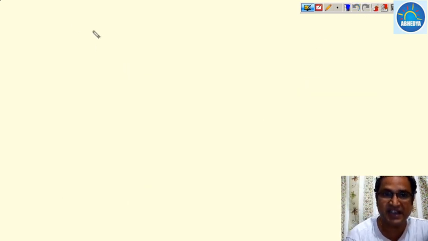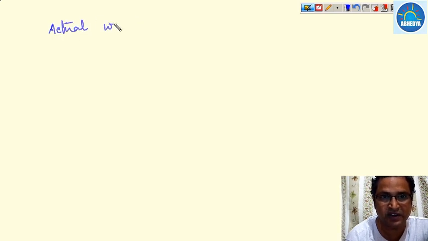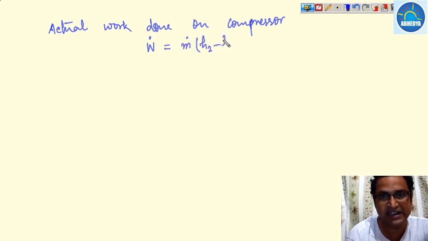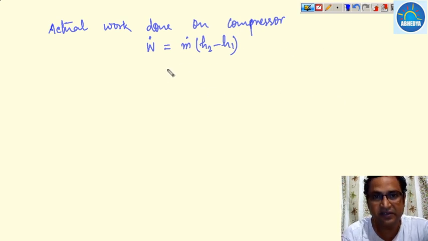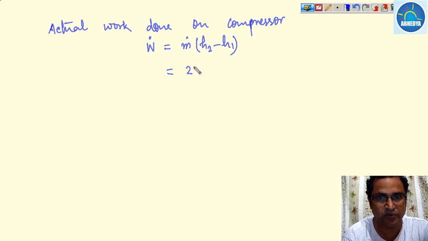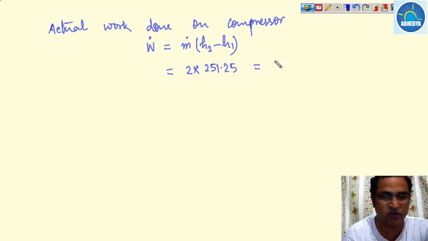In another way we can calculate the work done on the compressor, that is W dot, which is m dot (H2 minus H1) by the first law of thermodynamics. So m dot (H2 minus H1) gives 2 into 251.25, and this value comes out to be 502.5 kilowatt.